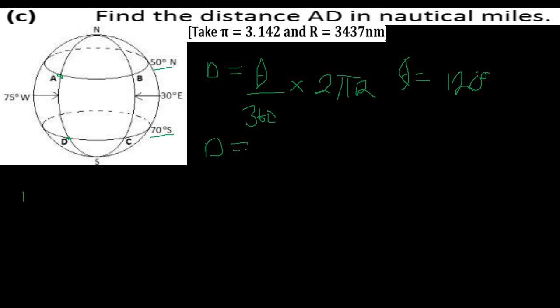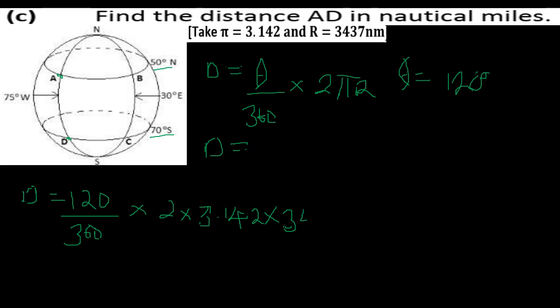So in this case, now we can proceed by saying distance. Let me just write it from here. Distance is equal to 120 divided by 360 multiplied by 2 by 3.142 multiplied by r, which is 37 nautical miles in this case.